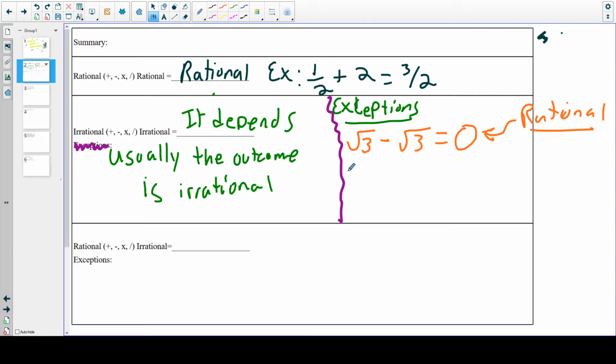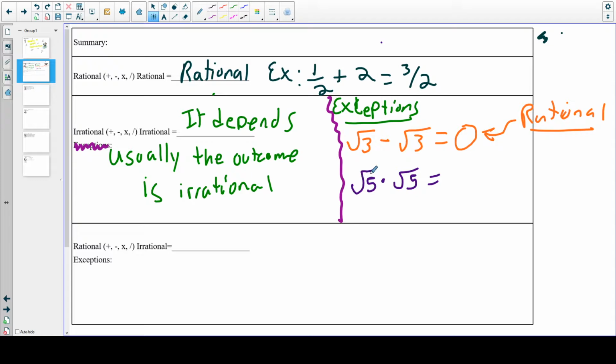Another exception could be, and you'll notice this really deals with square roots of numbers, let's use this cool purple color. What if I did the square root of 5 times the square root of 5?